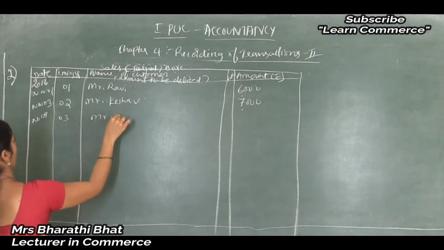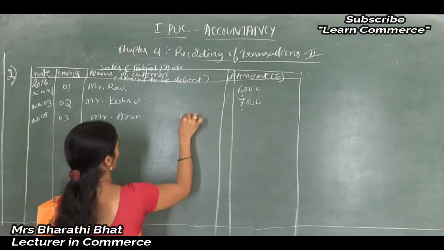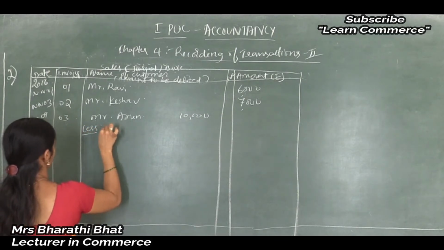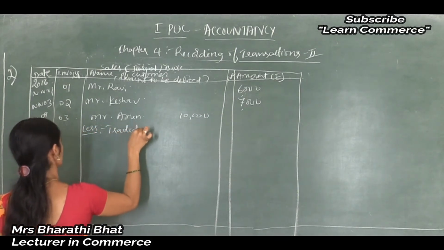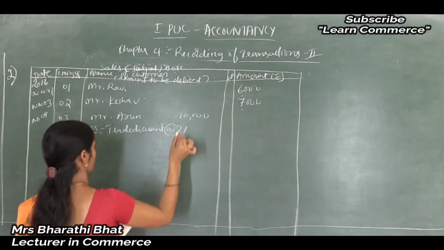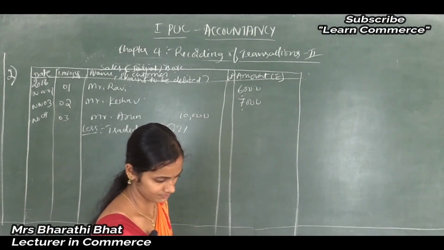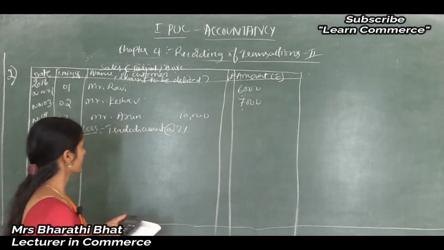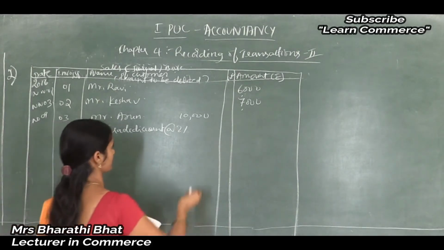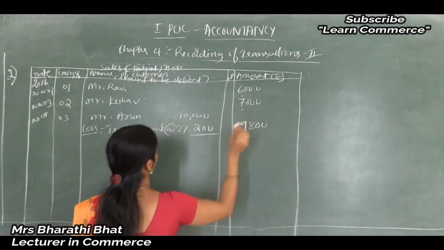10,000 less trade discount at 2%. So 10,000 into 2 by 100, 200, 9,800.